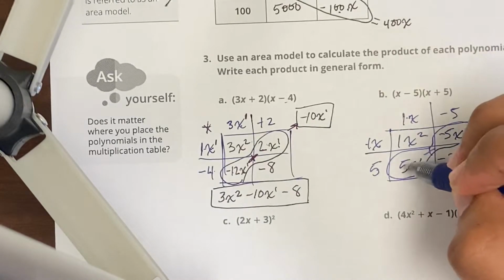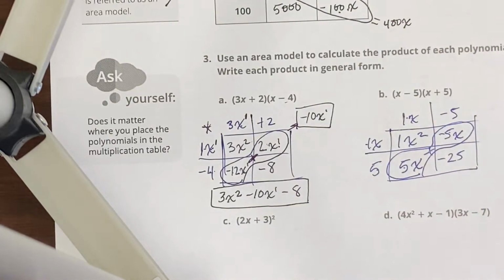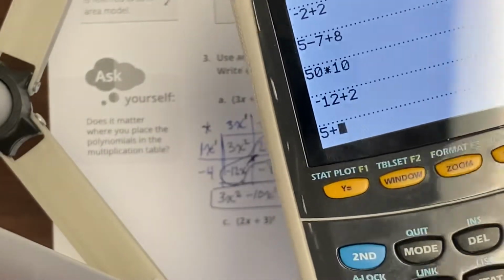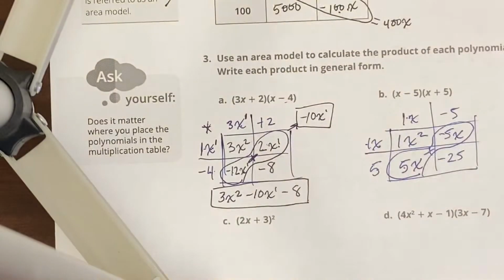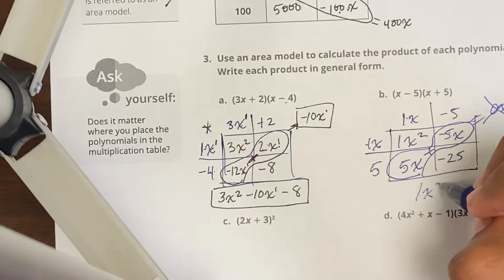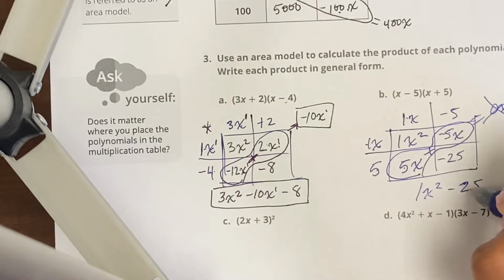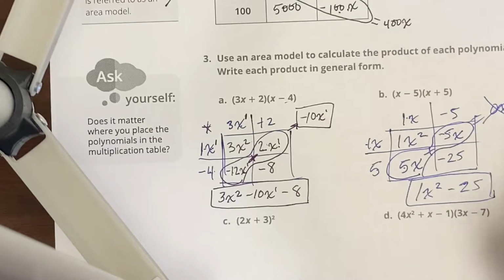We're adding right here 5 plus negative 5. Some of us already know that number, but just to double check, 5 plus negative 5 is 0. Since it's 0x, don't worry about it. We got 1x squared minus 25.